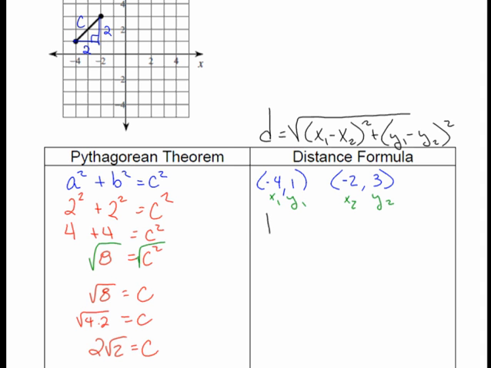So my distance is equal to the square root of (-4 minus -2) squared plus (1 minus 3) squared.